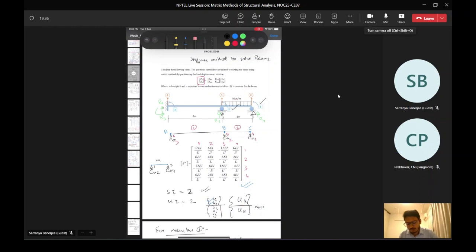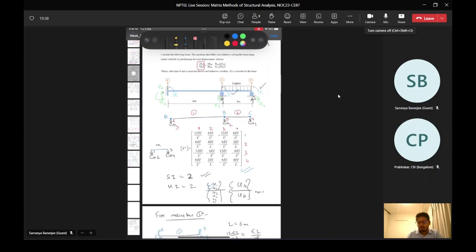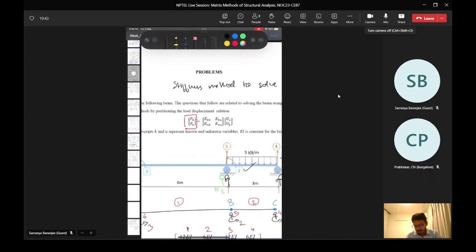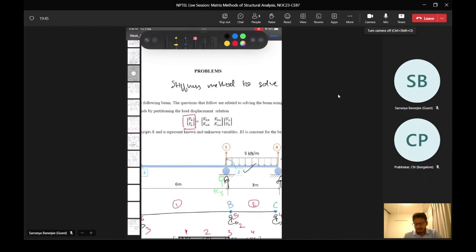So now our stiffness matrix is divided like this, where P known and P unknown are the two parts of the load vector.